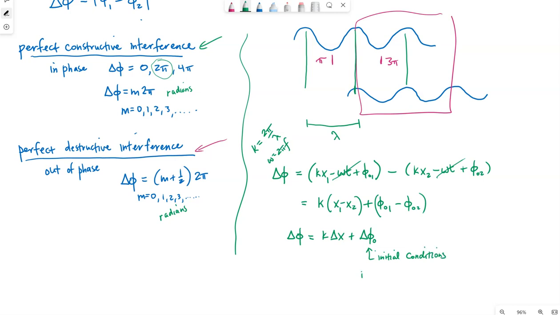If the waves are in phase as they leave their source, then delta phi naught is 0. They're not shifted relative to each other initially.